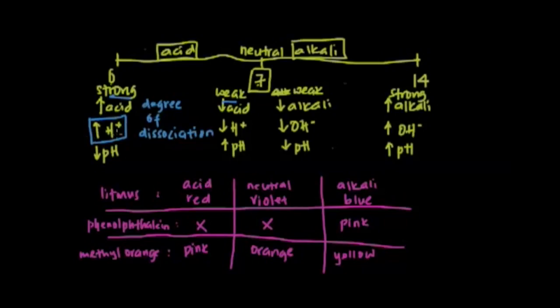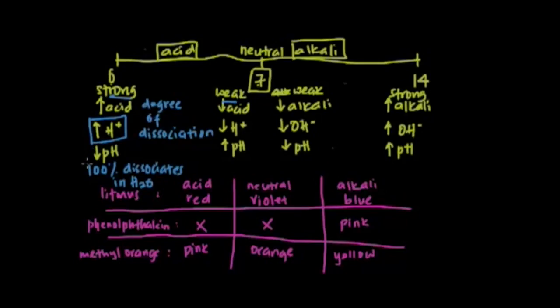And a strong acid is considered as an acid that dissociates completely in water. So when we talk about strong acid, it 100% dissociates in water. And when it dissociates 100% in water, that means it can release all the hydrogen ions.